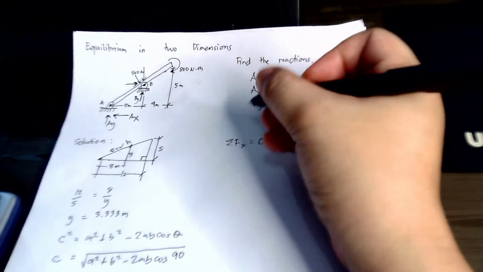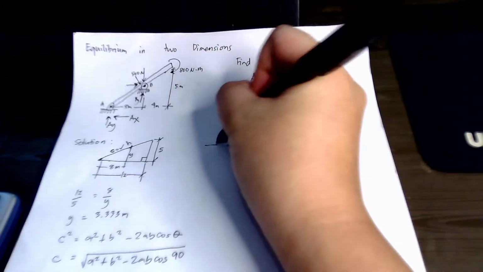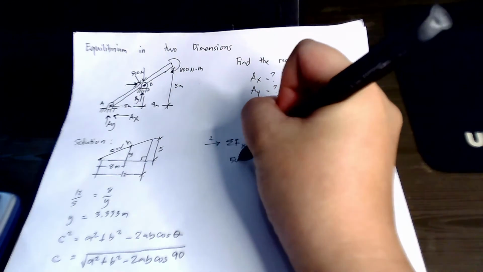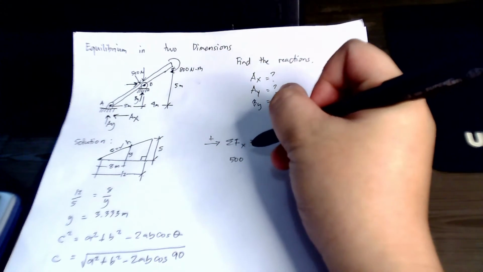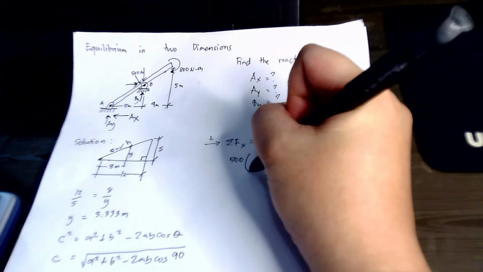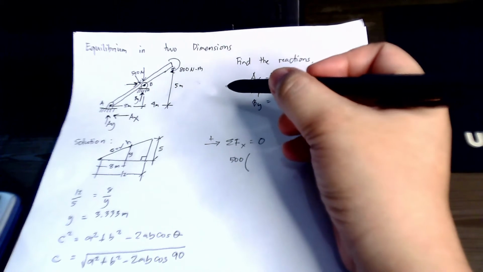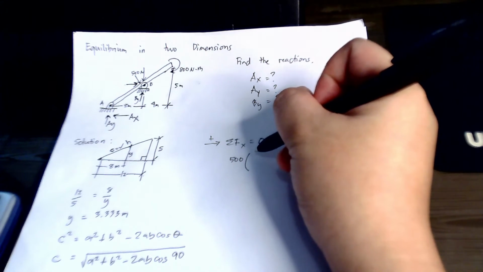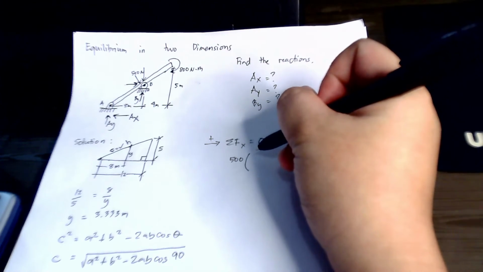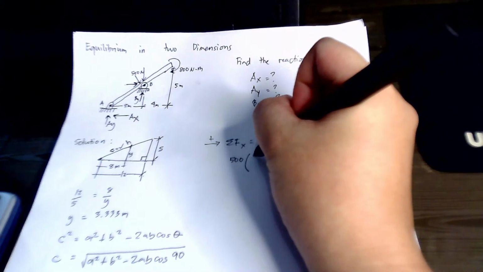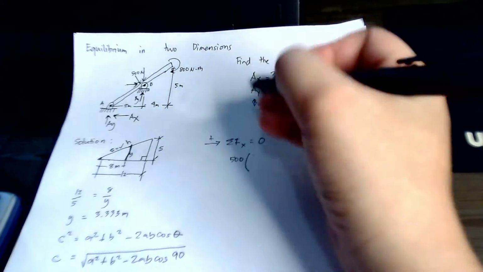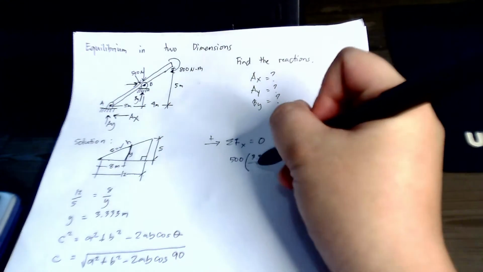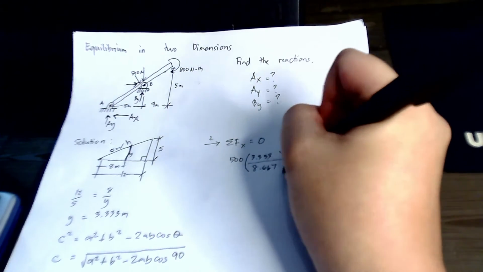Positive to the right, you have your 500, and the component along X is 500 times the opposite, 3.333, over C, which is 8.667.